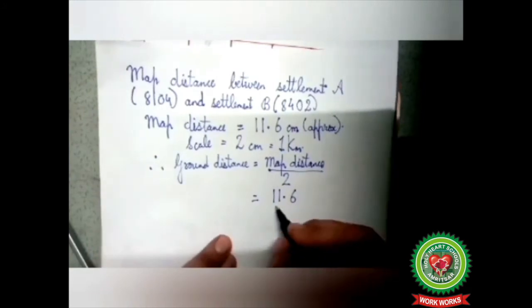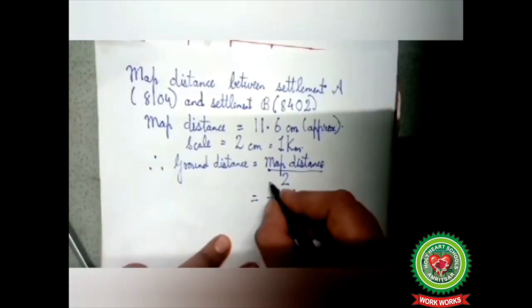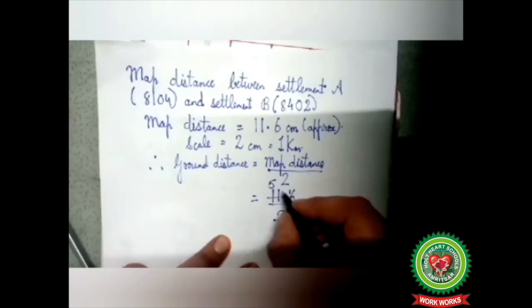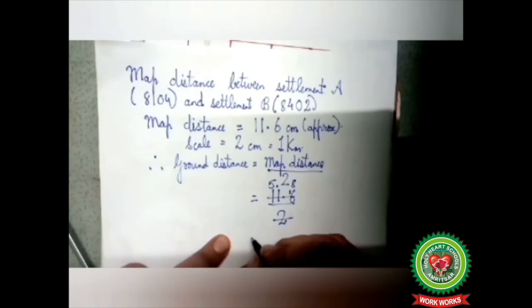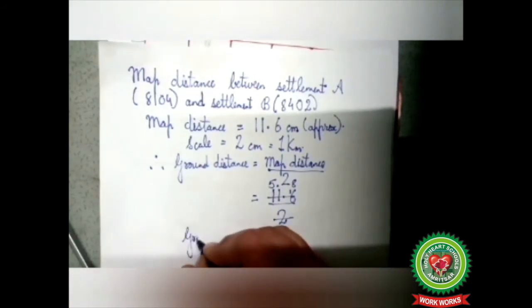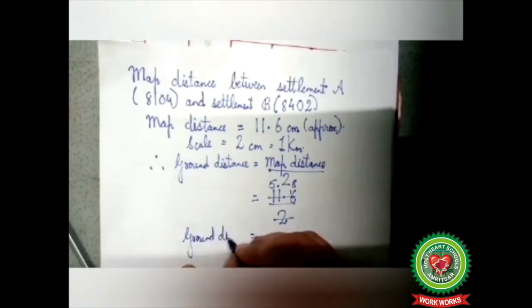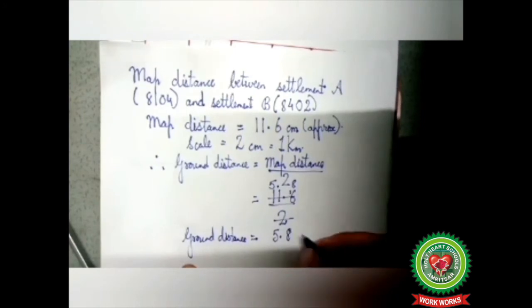So 11.6 upon 2. Now we'll cut it. 2 5s are 10. Here we are with 16. So 5.8. So our ground distance is equal to 5.8 kilometer.